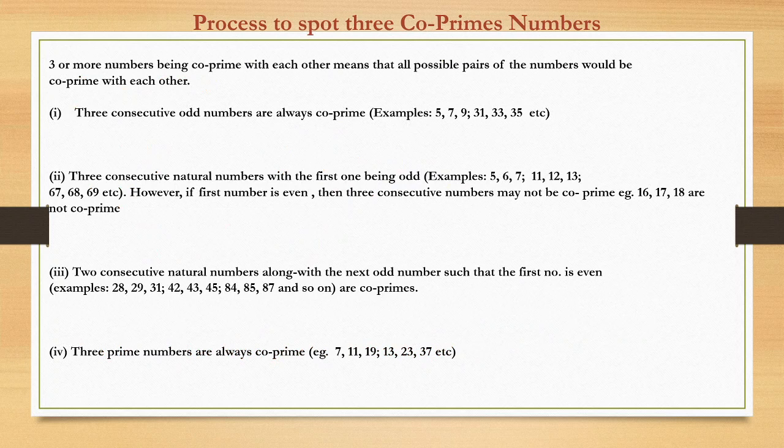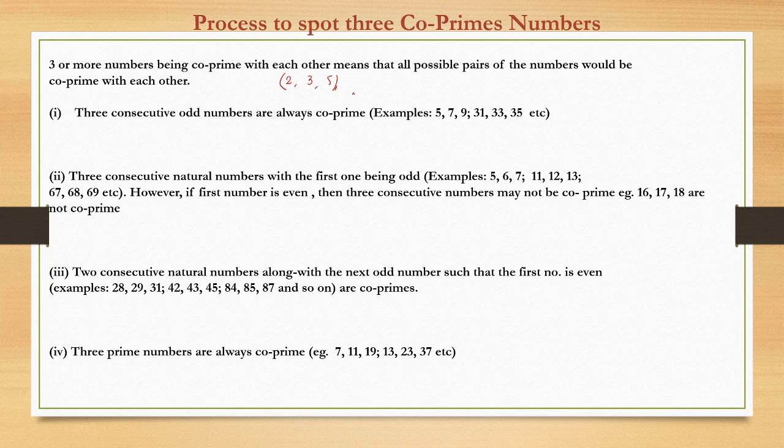So far we have seen co-primes for two numbers, a pair of numbers. But the same process actually applies for three or more numbers also. Suppose the numbers are 2, 3, 5.